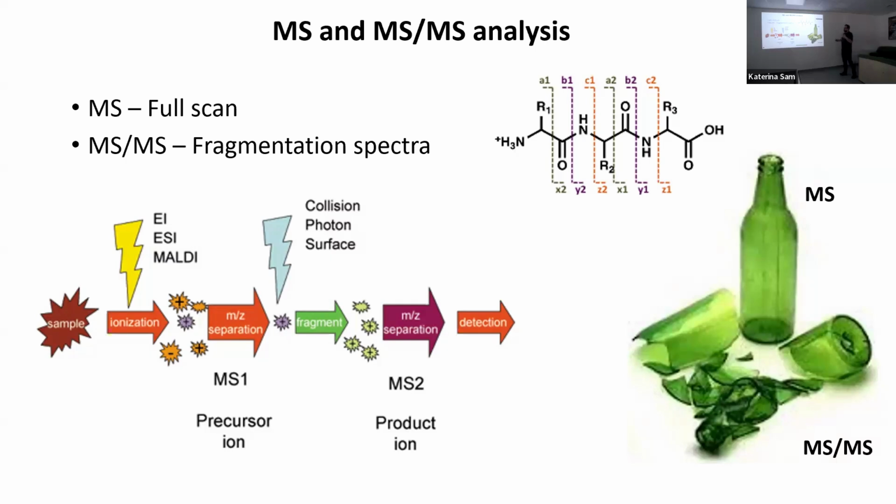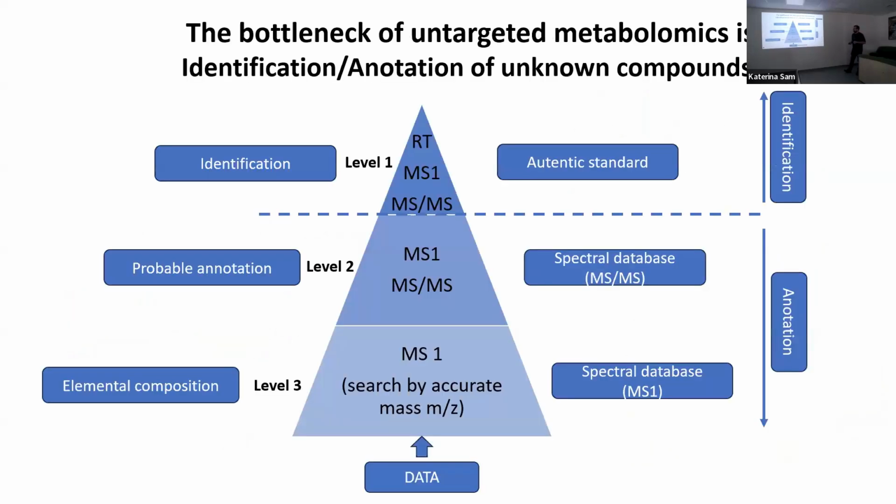But with the normal hammer on the bottle, I get different pieces each time. In the mass spec not, because I have the same energy and the same molecule, so I prepare the same pieces, and I use this fragmentation for the identification of the compounds.